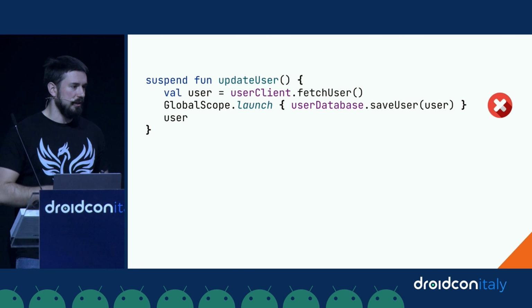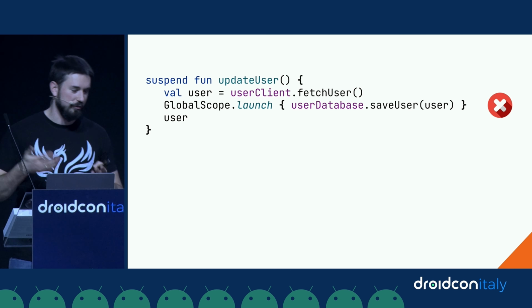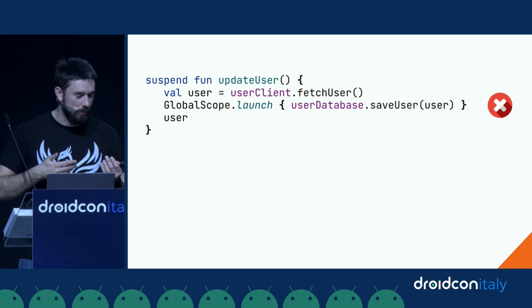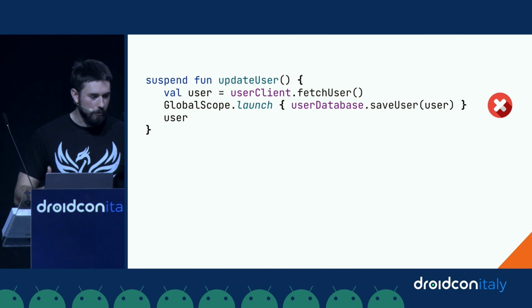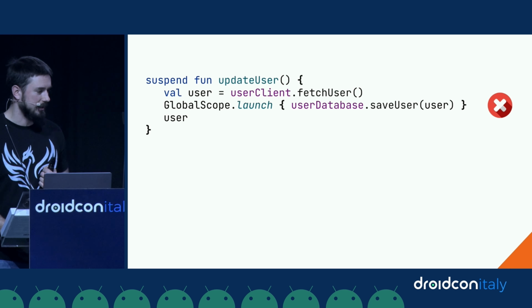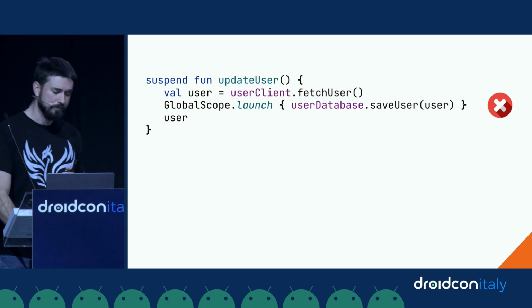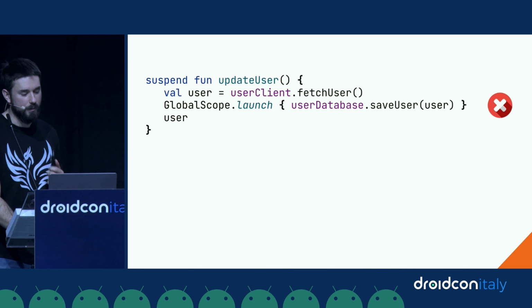What scope should you use if you want to detach from the current scope? Of course, if you have some appropriate scope, ViewModel scope, lifecycle scope, or a scope from the composable, perfect. Use it. It will be cancelled appropriately. But if you want to start something that is detached from that, what you shouldn't use is a global scope. Why?